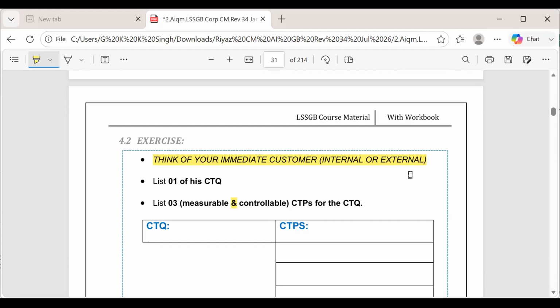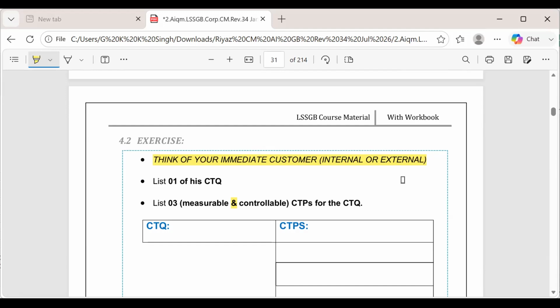Then critical to quality could be an accurate report. So what would be the CTP for an accurate report, critical to process? To have correct data. I can't hear you. Can you increase your volume, please? Yes, to have the correct data, to check the data.